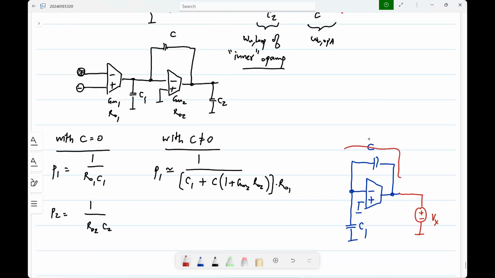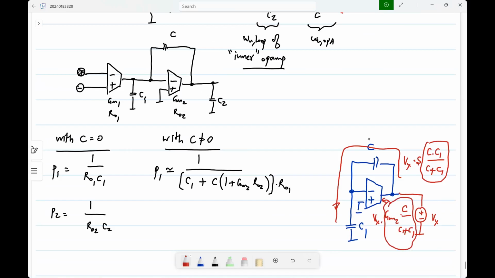One is of course just the series capacitance. The series combination draws a current which is Vx times S C1 C by C plus C1. So you have an effective capacitance equal to so much, right? But additionally, you have a current through this GM. How much is that? That will be Vx times GM2 C by C plus C1. What does that mean? This whole thing is basically a conductance.